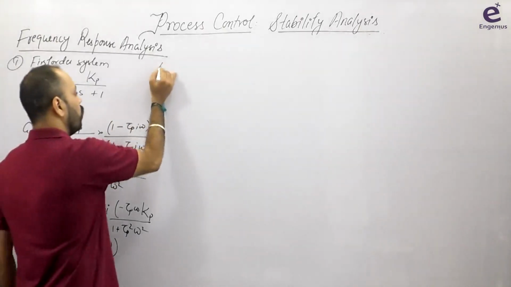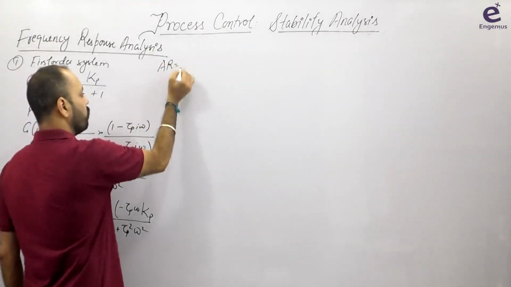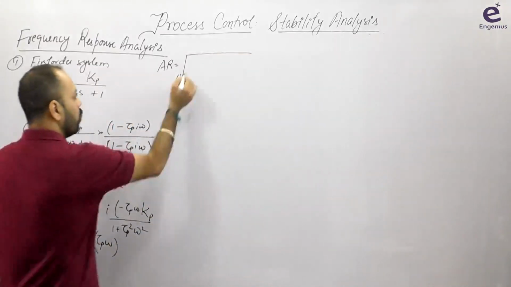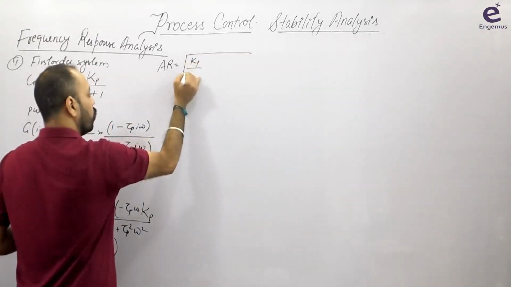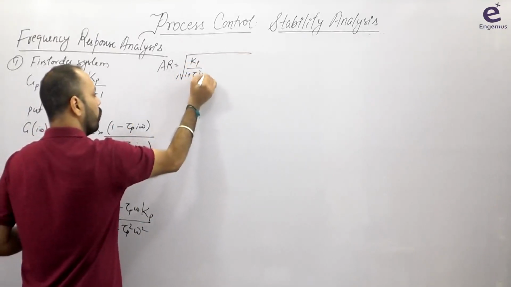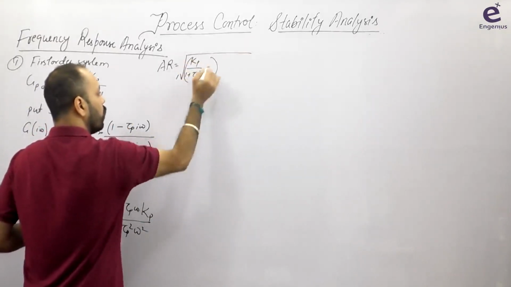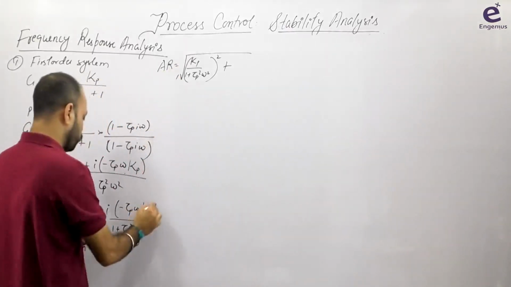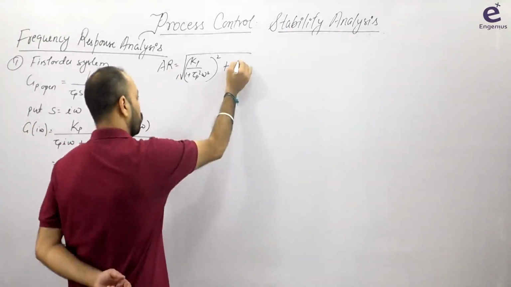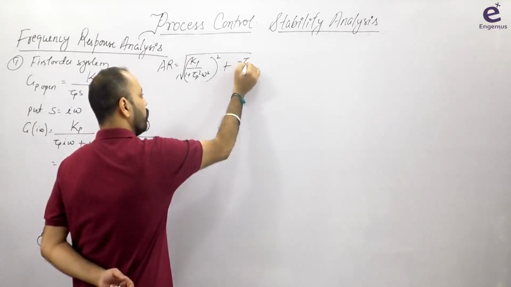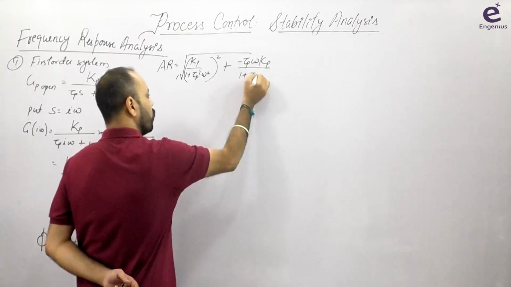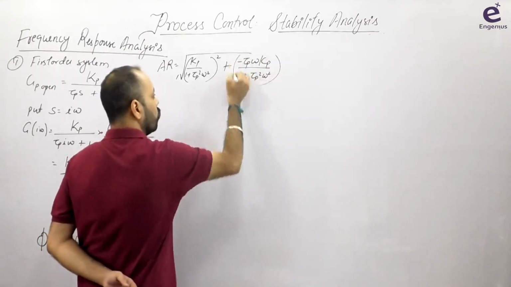Amplitude ratio is equal to the modulus, and the modulus is equal to the square root of the real part square plus the imaginary part square. Kp by 1 plus tau p square omega square, whole square, plus the imaginary part square, that is minus tau p omega Kp by 1 plus tau p square omega square, whole square.